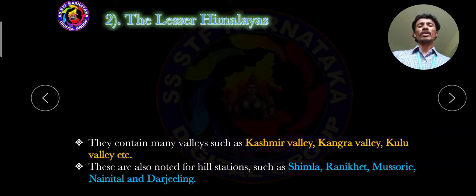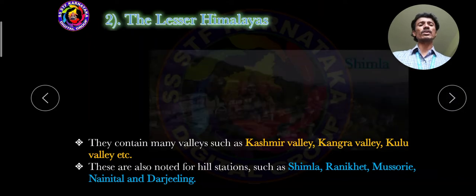Then dear students, these are also noted for hill stations. Noted means most famous. The Lesser Himalayas are most famous for hill stations. Which are the hill stations? Mainly the most famous and notable ones, such as Shimla, Ranikhet, Mussoorie, Nainital, Darjeeling. So here are the pictures.